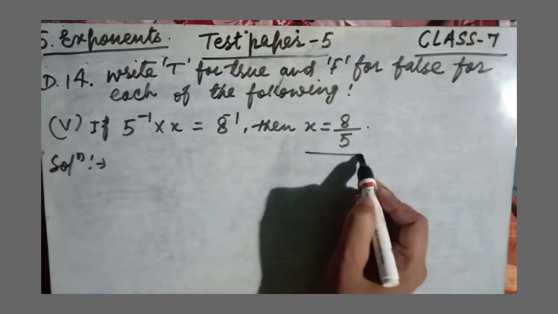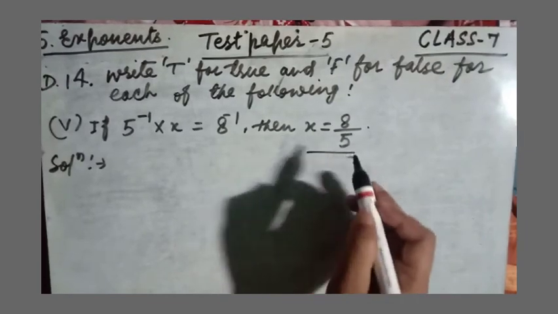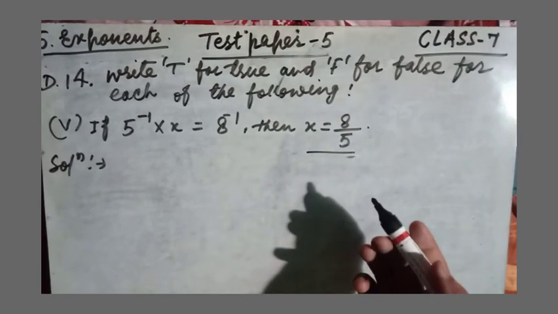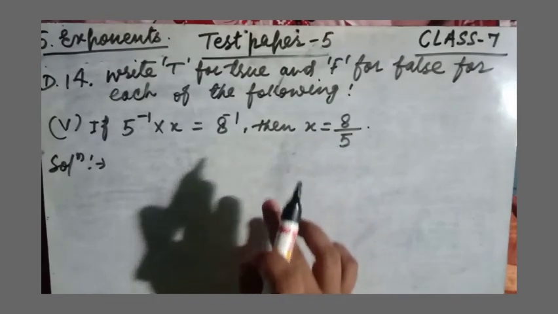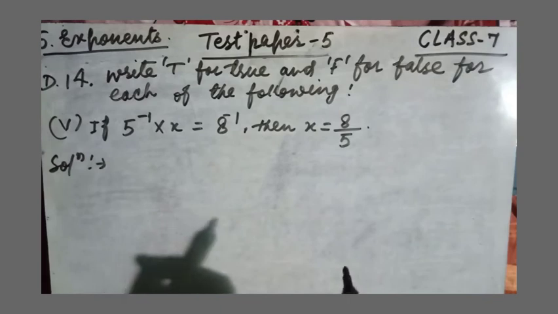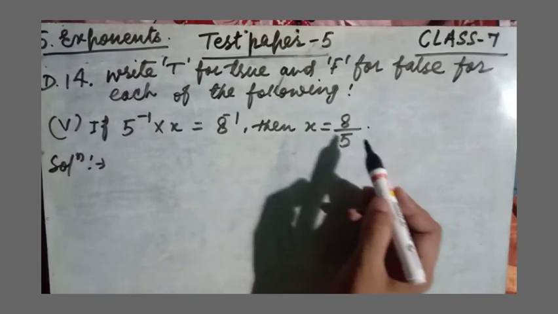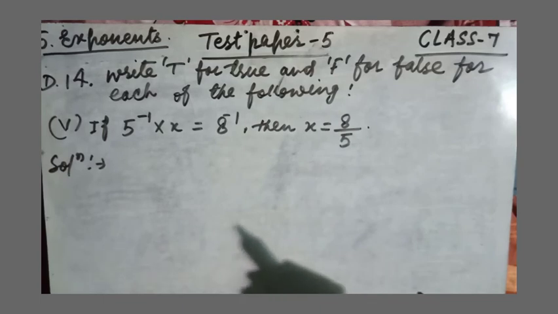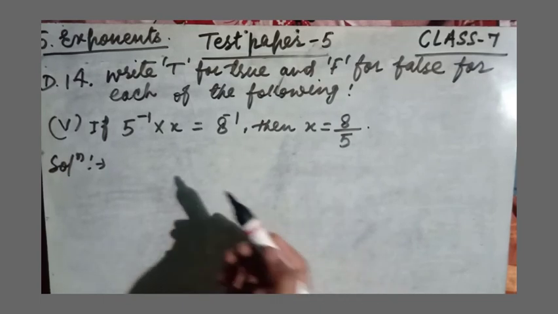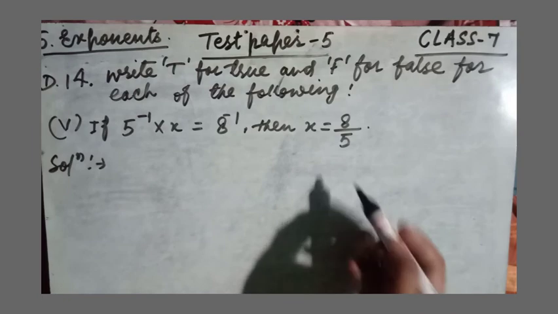Now we have to check and reply: is it right or wrong? Is it T or is it F? Some of the candidates I found, the students, see the last page of the answer and then tick mark T or F, so it's wrong.